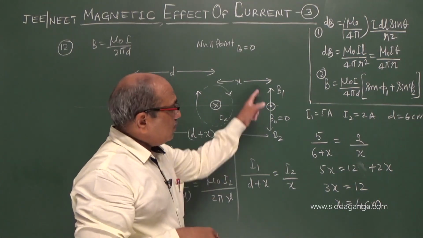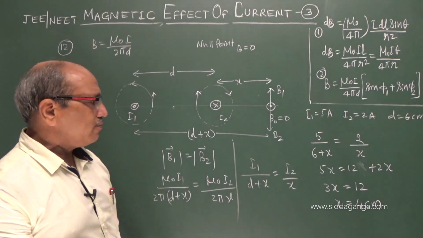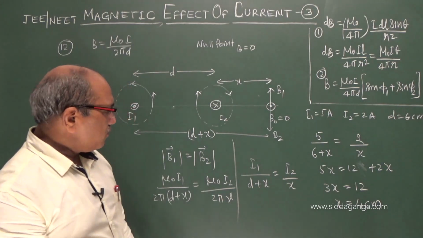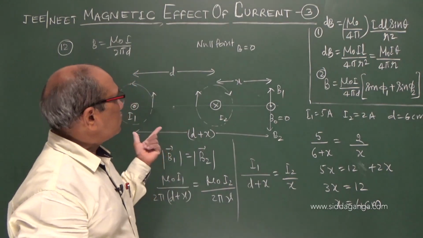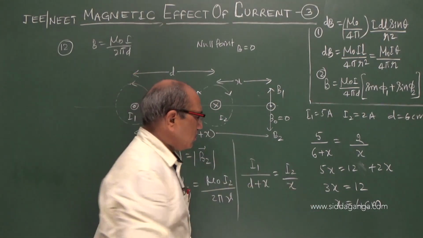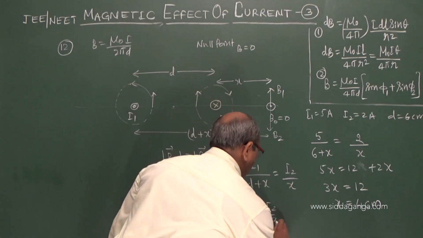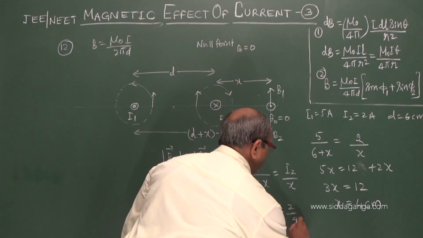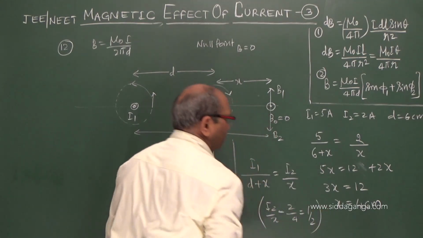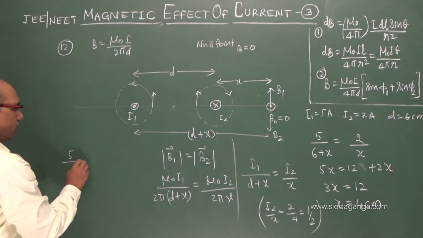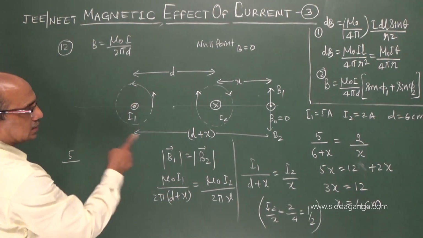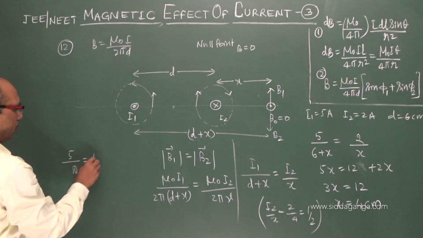You can substitute and verify, and you will get the same answer, because both B1 and B2 will have the same magnitude. I2 is 2 and x is 4, so I2 by x is 2 by 4, which is 1 by 2. Another check: I1 is 5 divided by (D plus x) which is 6 plus 4, 10, giving 1 by 2.